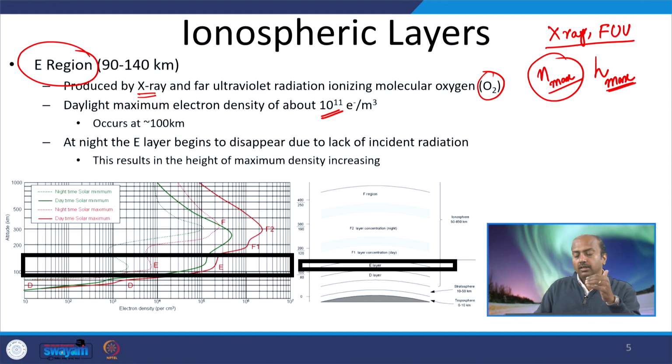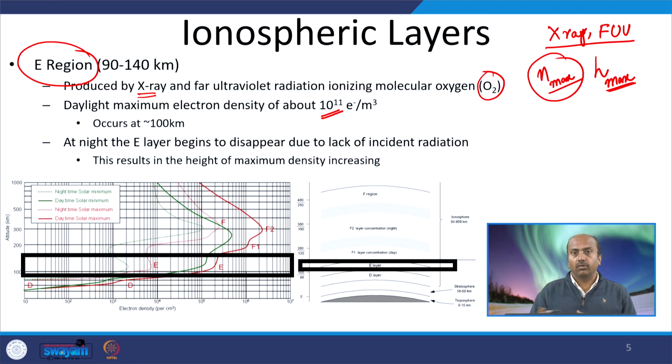Now, why is it like the ionospheric layers are reaching a maximum value and thereafter they are decreasing? This simple idea or this relation is established by the Chapman's theory, which gives a mathematical description to the ionospheric layers or their shape, like reaching a maximum value and thereafter decreasing, right.